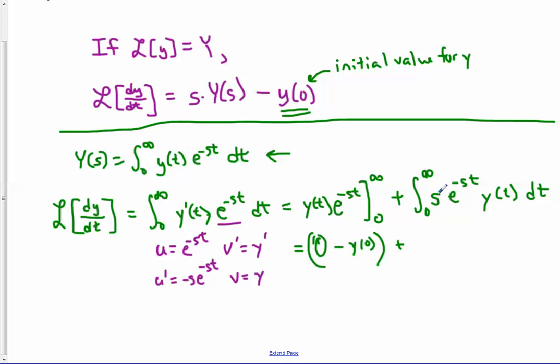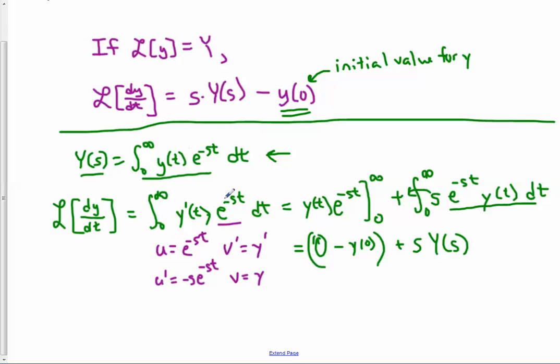And you see that it does, because s here, remember, is just a constant as far as dt is concerned. So that can just come out. I'm just going to move that s out. And what's left is the Laplace transform of plain old little y. So that's just capital Y of s. So there it is. We got the rule.